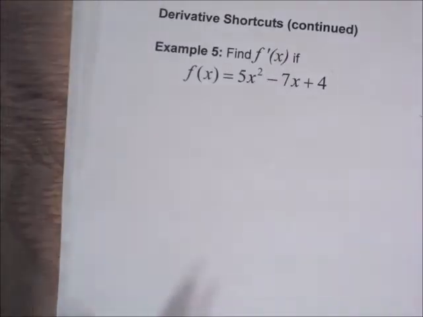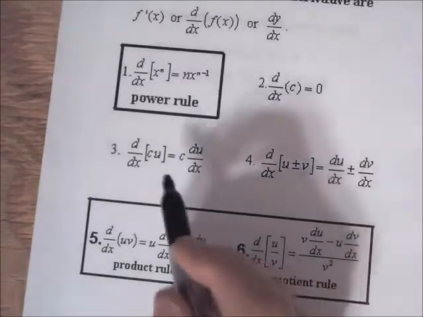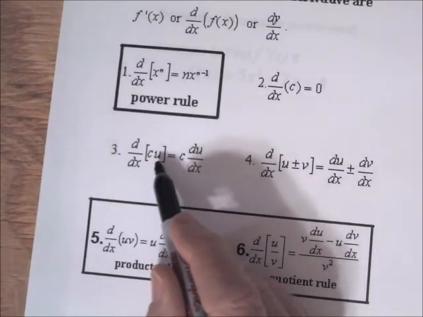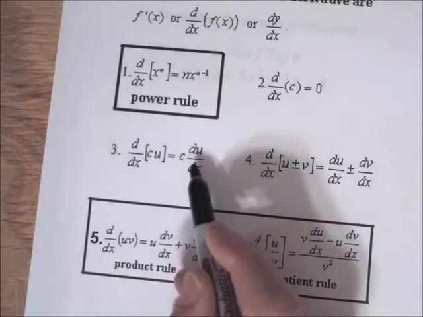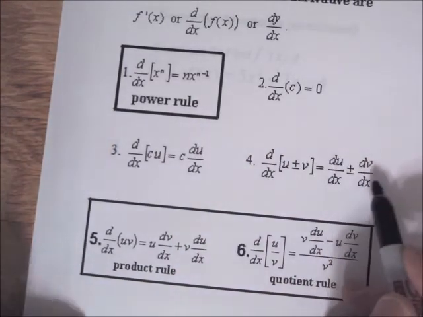So here we can combine several different rules. The derivative of a constant times a function is the constant times the derivative, and the derivative of a sum or difference is the sum or difference of the derivatives.